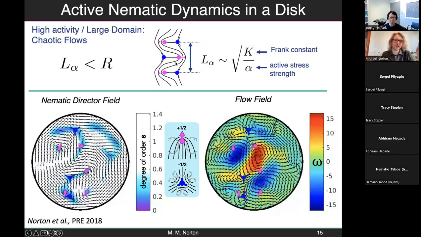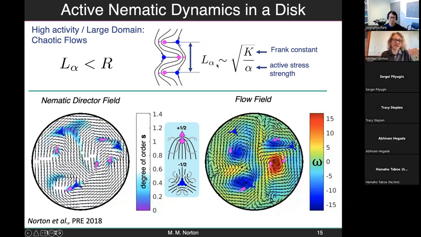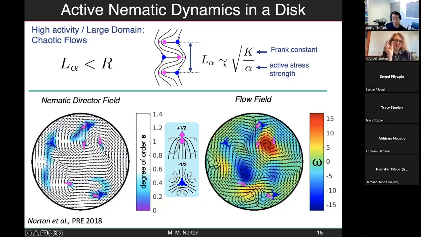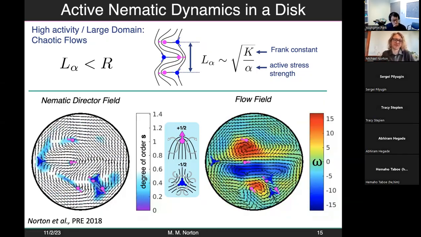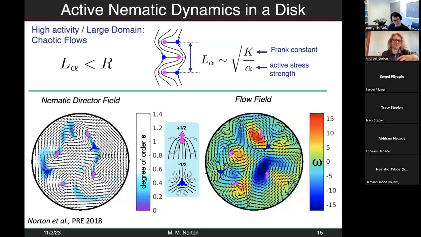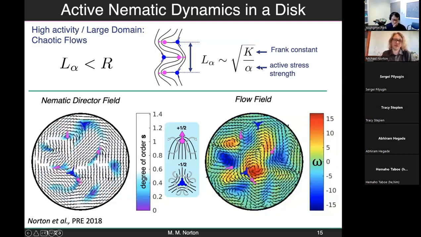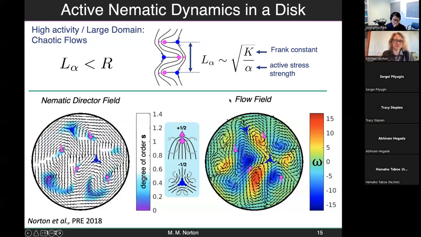Roughly, as the activity goes up, this active length scale gets smaller and smaller, and you get more and more defects. So your defect density goes up as you make activity go up.